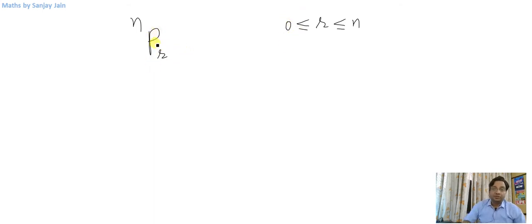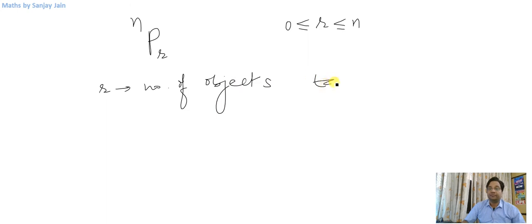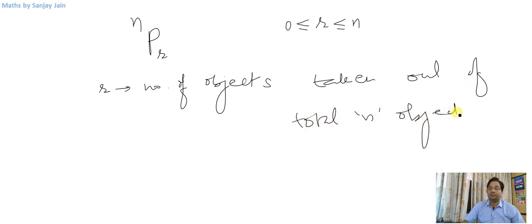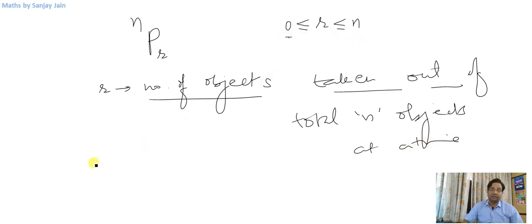So what is r? r is the number of objects taken at a time, out of total n objects, and r can vary from 0 to n.